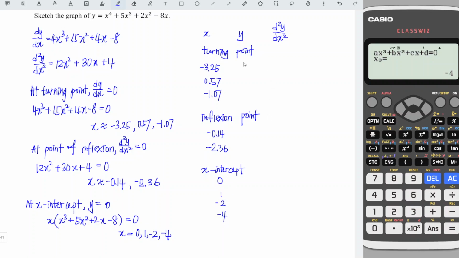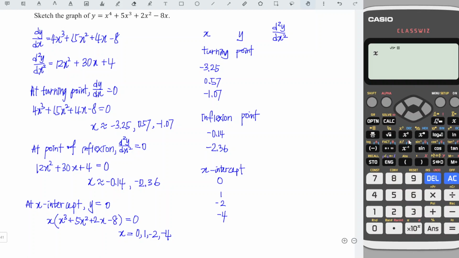Now we can determine the y value using the function. So what we have to do here is, if we want to make use of the calculator function, the calculate, then we are able to determine the y value very fast. So we just have to first clear what we have, and we proceed to enter using the alphabet.